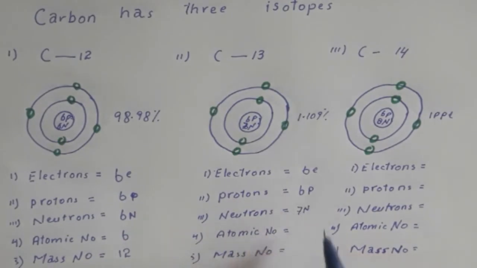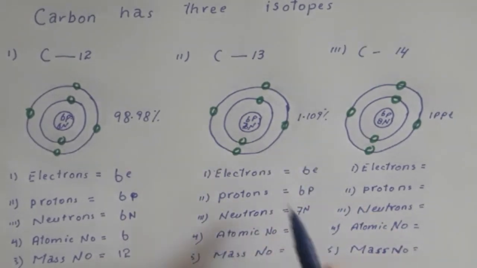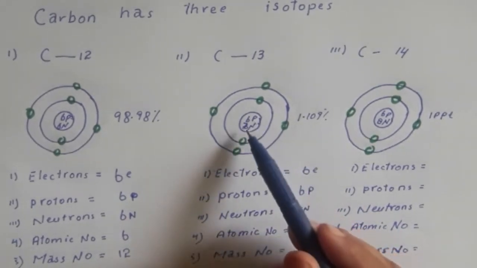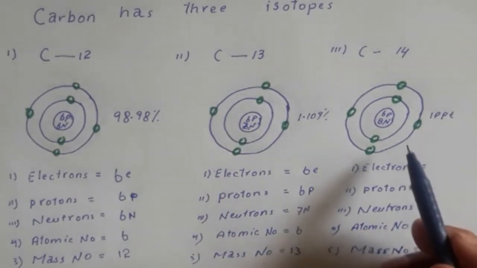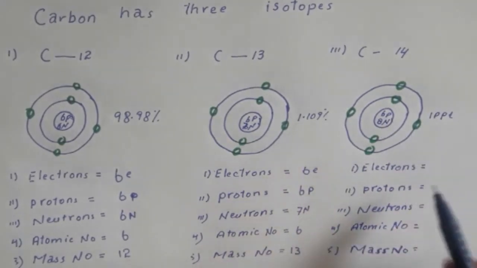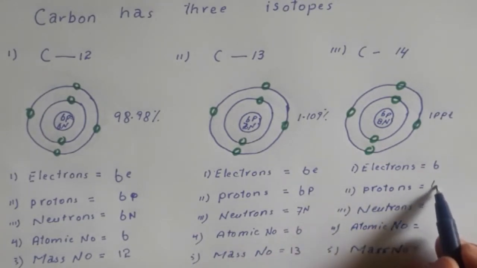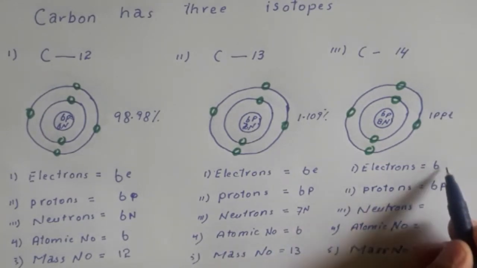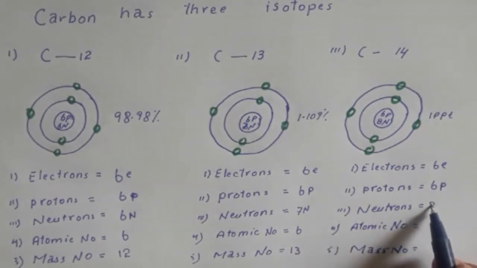Atomic number is the number of protons or electrons, so it's 6, while mass number is the sum of protons and neutrons, so 6 plus 7 is equal to 13. Similarly, in case of carbon 14, the number of electrons is 6, while the number of protons is also 6 present in the nucleus, while the number of neutrons is 8.